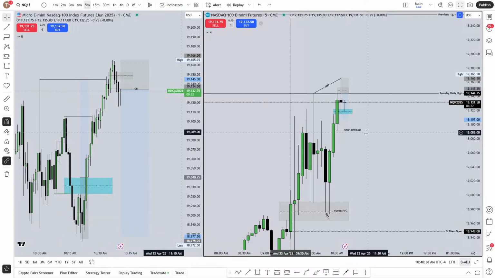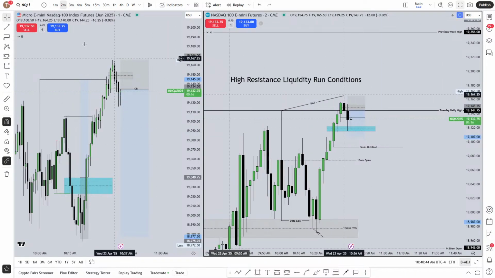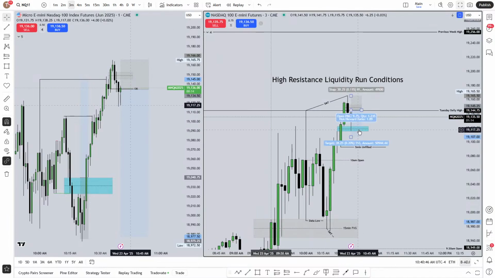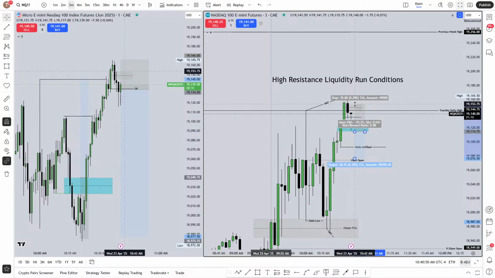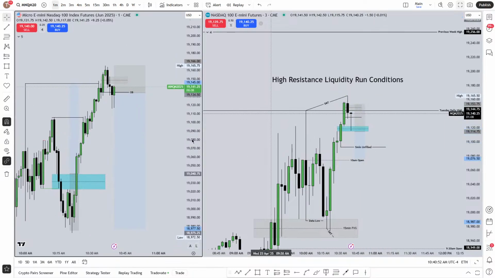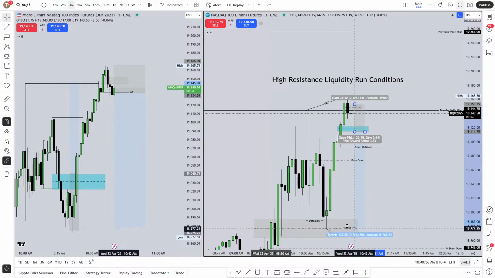And my overall bias was bearish going into the day, so if we can get a close below here, could do something like this.